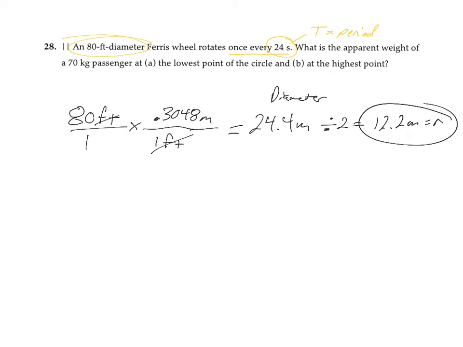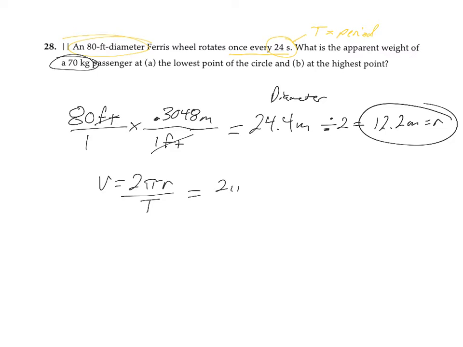So I have radius. Just kind of a hint here, you probably need velocity at this point. I have mass, that's okay. So velocity equals 2 pi r over period. That was just an equation. It's basically velocity equals distance over time.